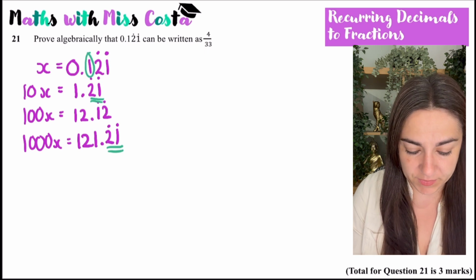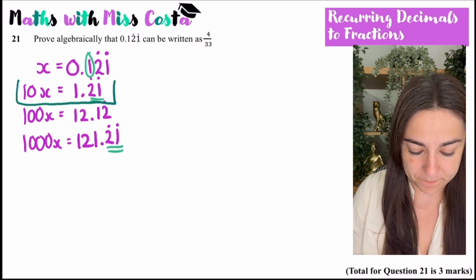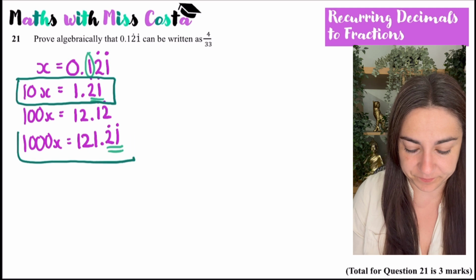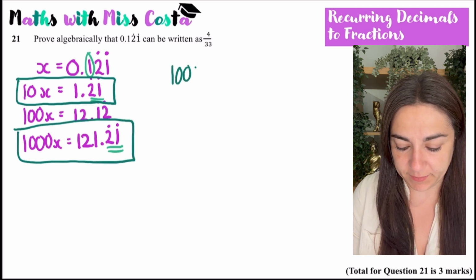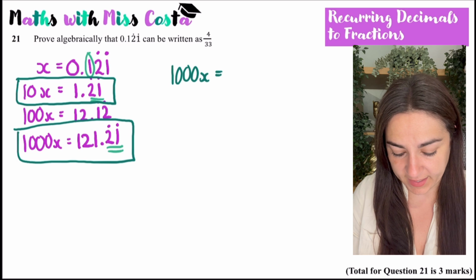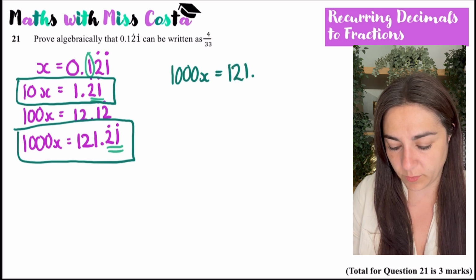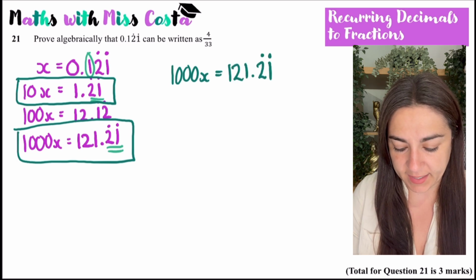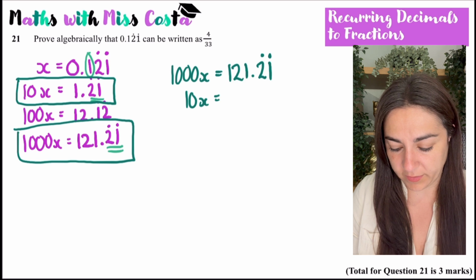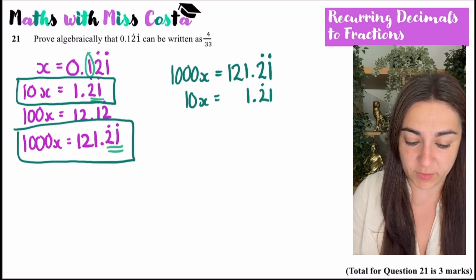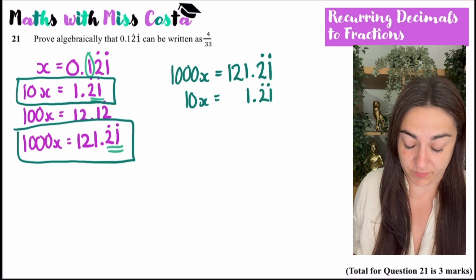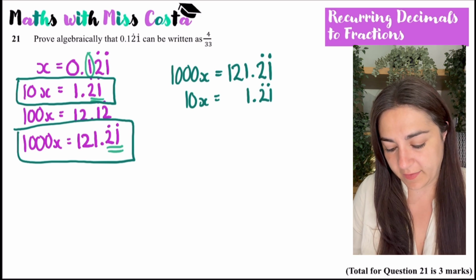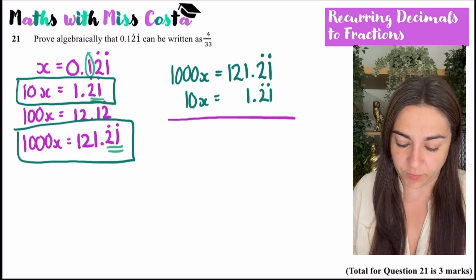So I'm going to choose 10x and 1000x, and I'm going to write them out here. I'm going to write 1000x first because that's the largest number. So 1000x is 121.21 recurring, and 10x is 1.21 recurring. And if you line them up, you can see that the recurring part is equivalent. So I can then subtract these to work out what the difference is.